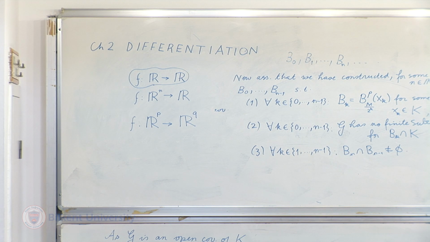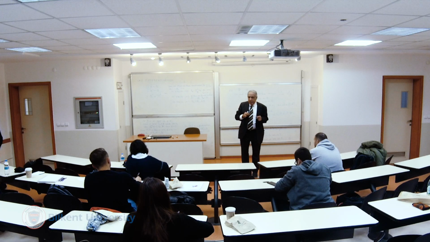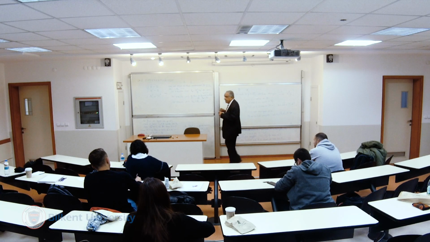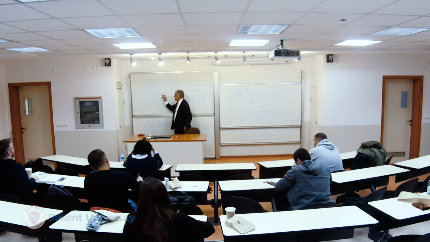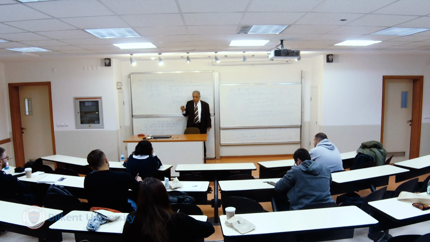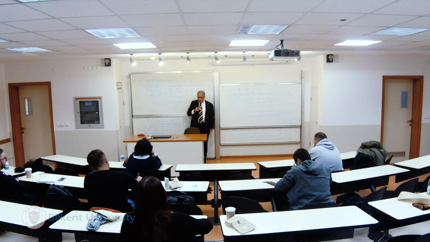We will write the definition as we do it in calculus. But that will make no sense as it stands when P and Q are not necessarily 1, if they are larger than 1.